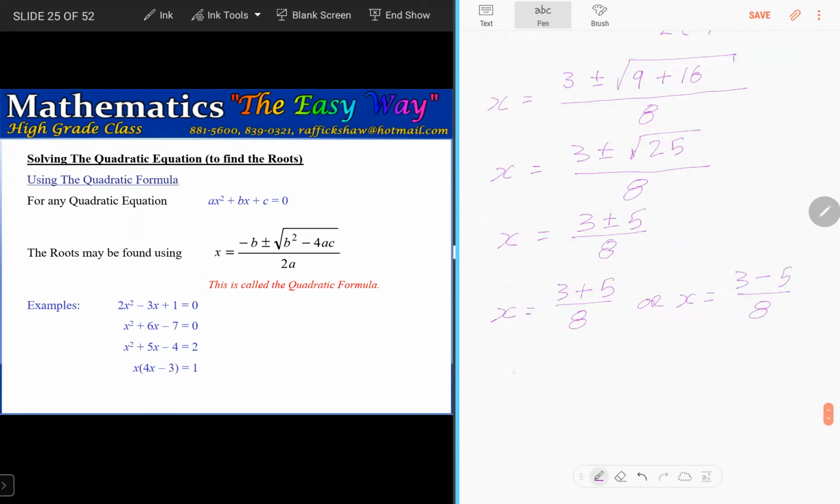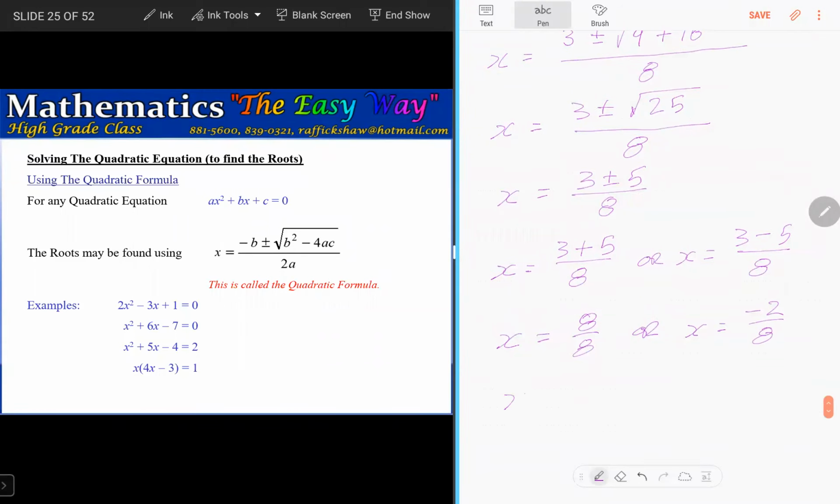That gives x equals 8 over 8, or x equals minus 2 over 8. And this one reduces, so x equals 1 or x equals minus 1 over 4. So those are the two roots.